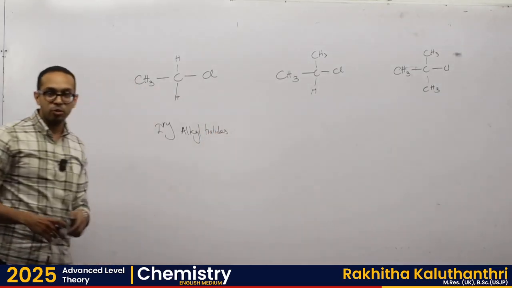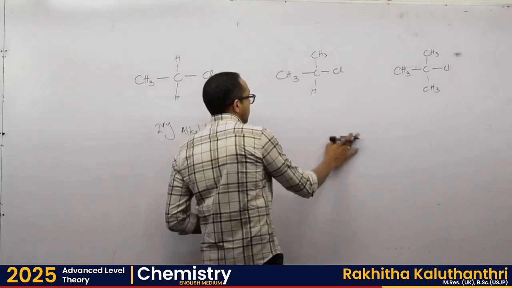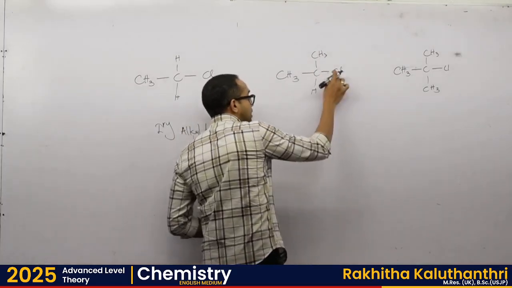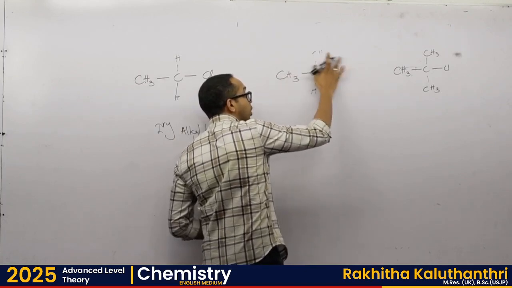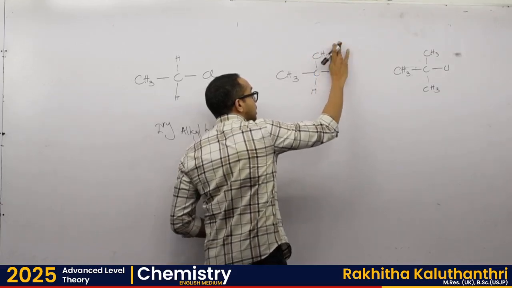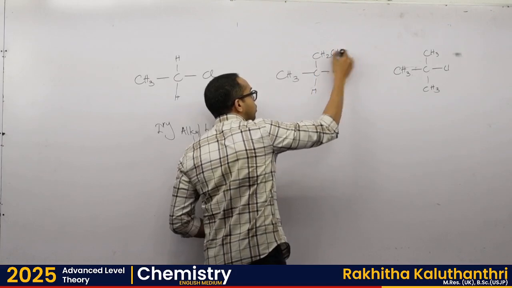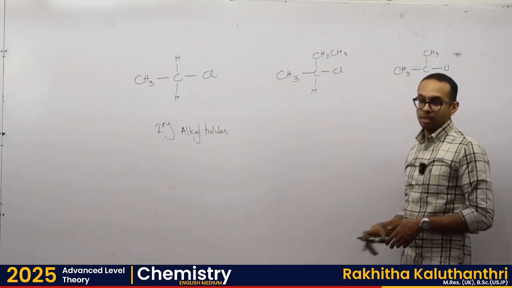We also call them halogenoalkanes as well, primary halogenoalkanes. So here we have carbon bearing the Cl, or carbon bearing the halogen, connected to two alkyl groups. It doesn't have to be always CH3, it could be CH2CH3, any alkyl group is fine, but it's convenient for me to write CH3.